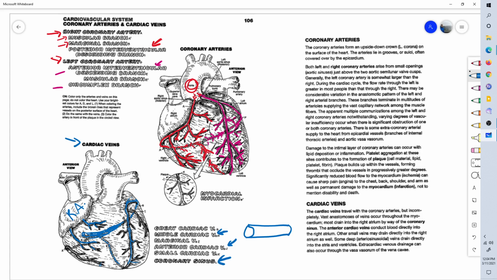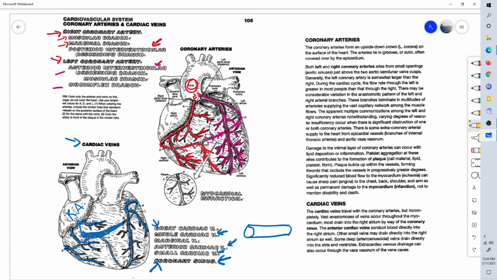Small cardiac vein here on the right side of the heart, wrapping around and then draining eventually also into the coronary sinus. And the marginal vein, tributary to the great cardiac vein. It's not easily shown here on the backside, but this coronary sinus does in fact drain into the right atrium of the heart.